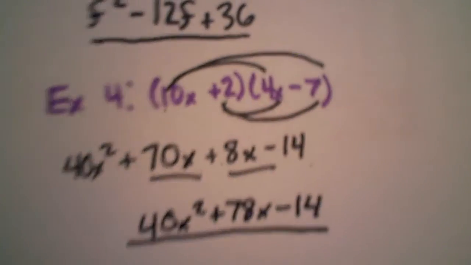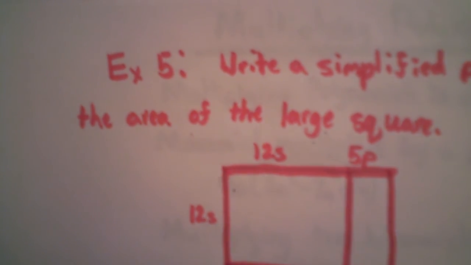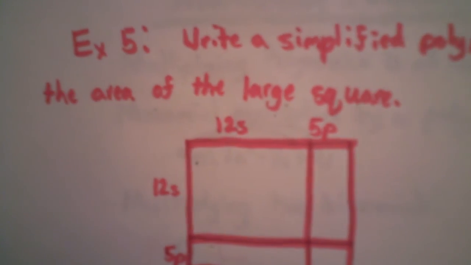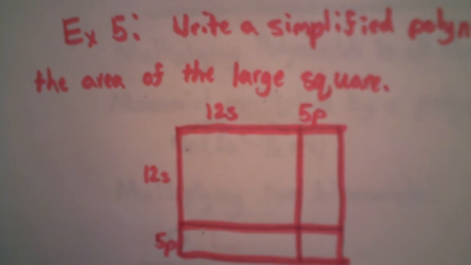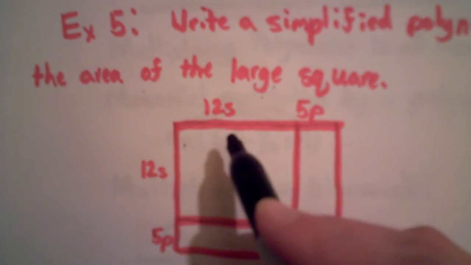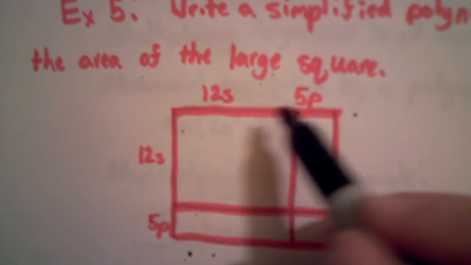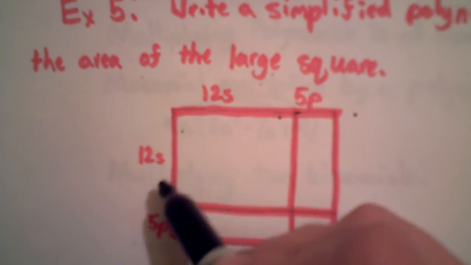So then there's one last one that I thought I'd show you because it's kind of tricky. Example 5. Write a simplified polynomial that represents the area of the large square. So we just have a square here, and this is the distance here and here, here to here, here to here.